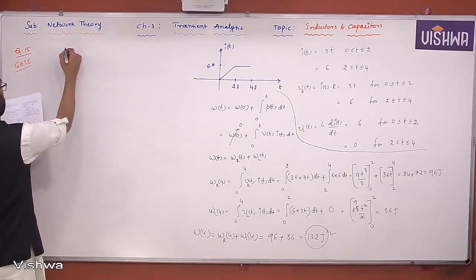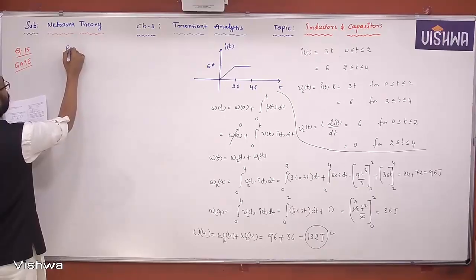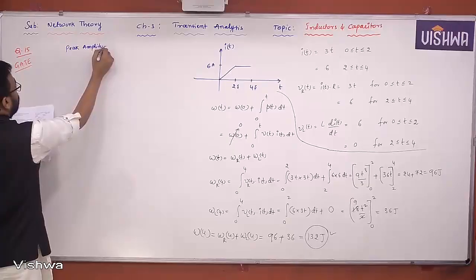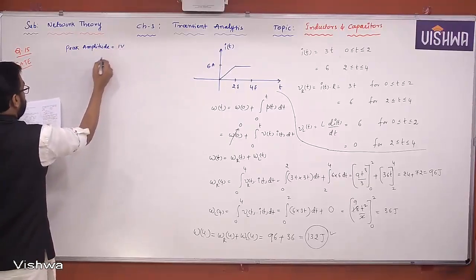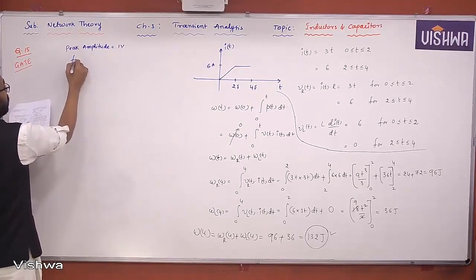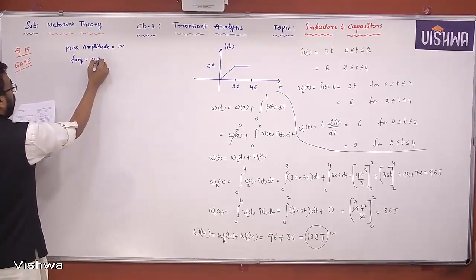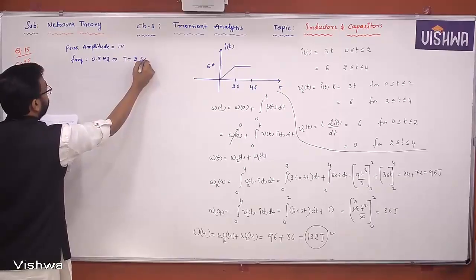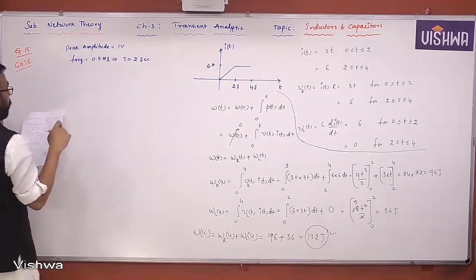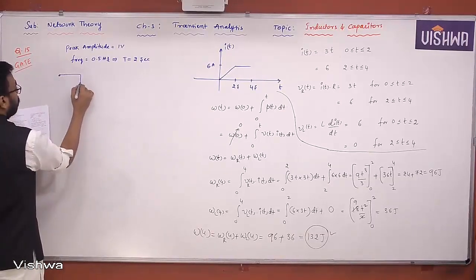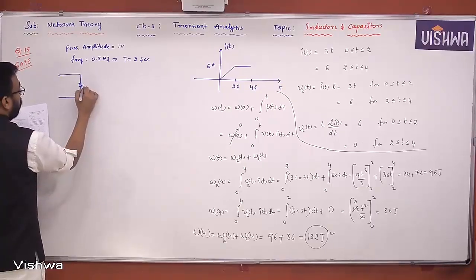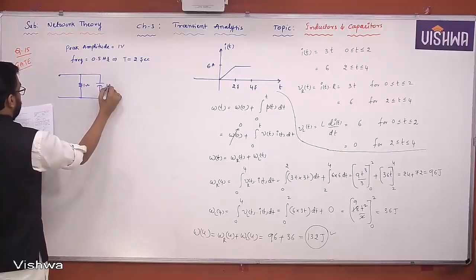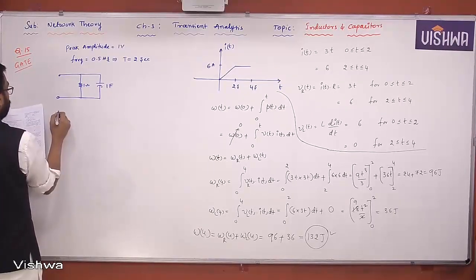First here, peak amplitude, how much? Peak amplitude is given as 1 volt. Frequency is given as how much? 0.5 hertz. Nothing but time period is how much? 2 seconds. Parallel combination of resistor and capacitance. This is a parallel combination.